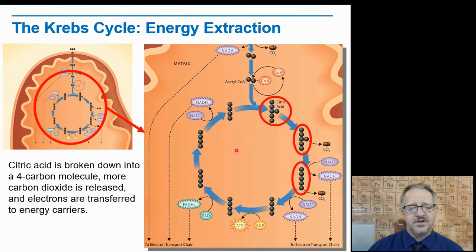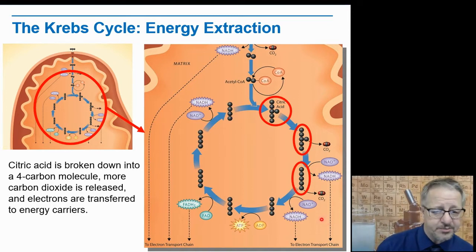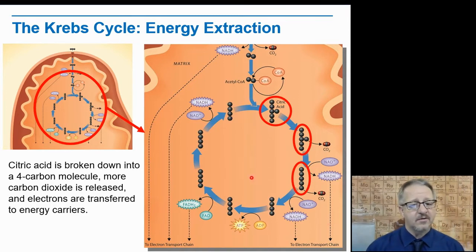But when we get to electron transport, we're going to see a tremendous amount of ATP generated thanks to all of this NADH, FADH2, and the electrons that were generated for the electron transport chain during Krebs cycle.